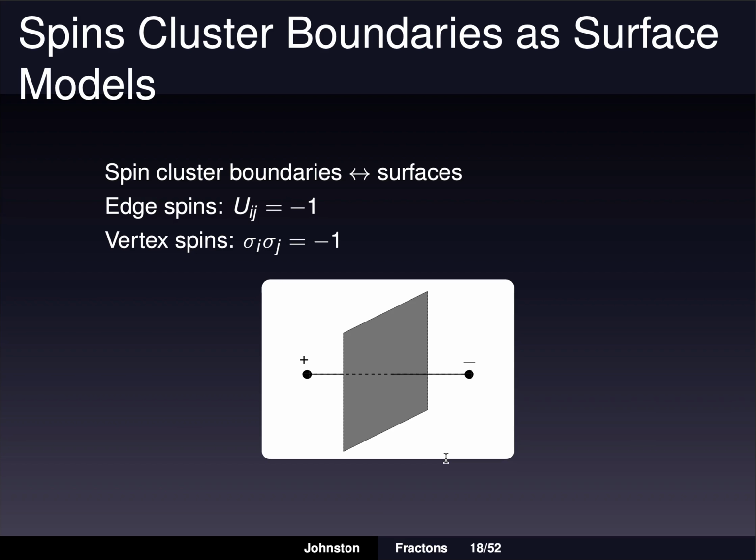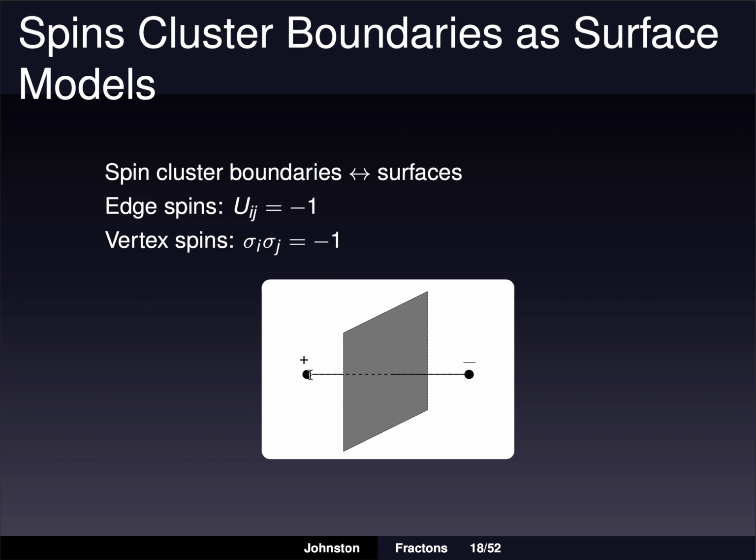So where spins on an edge change from plus to minus, you consider that there's a plaquette of the surface. So either I could assign edge spins to the surface. If they're plus, there's no plaquette. If they're minus, there's the plaquette dual to that edge.